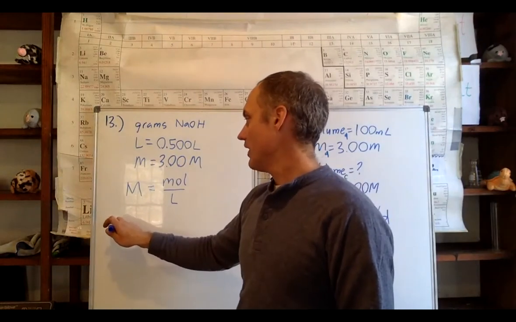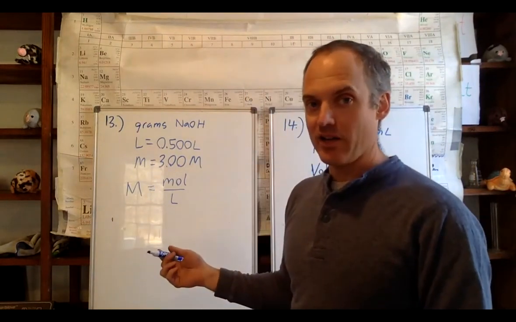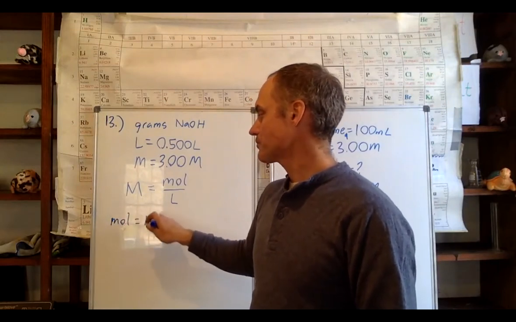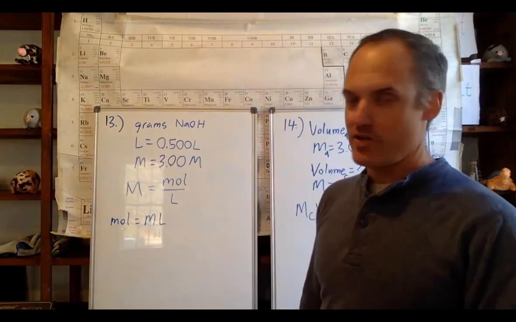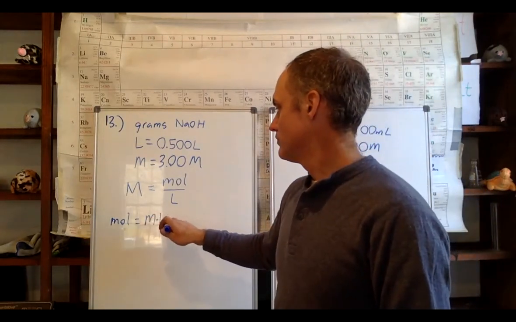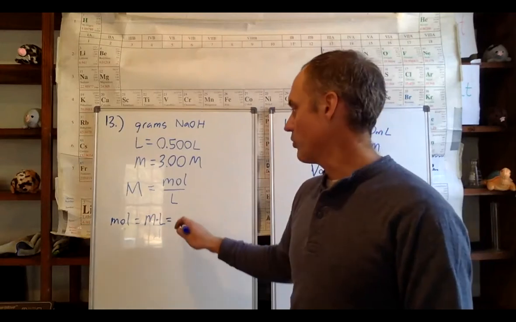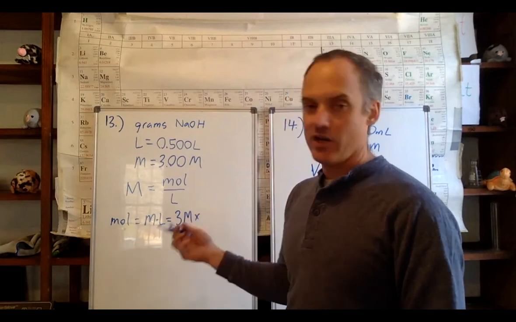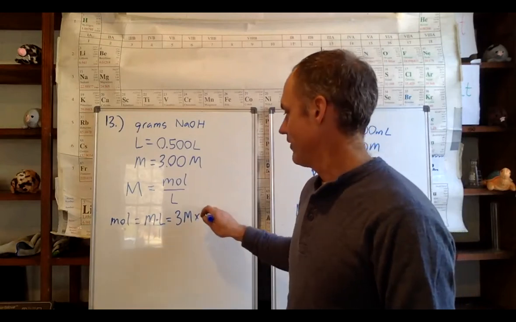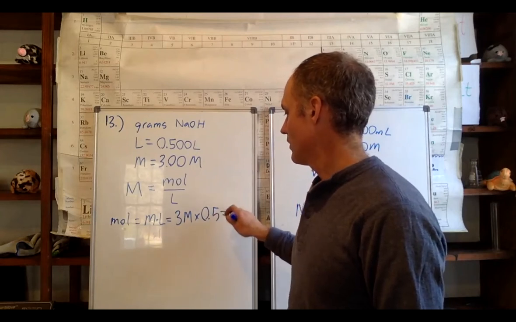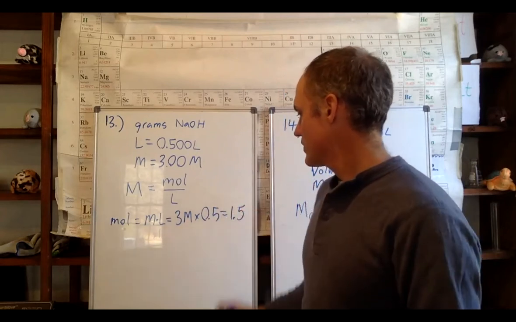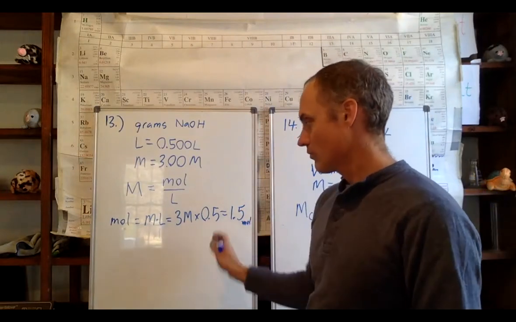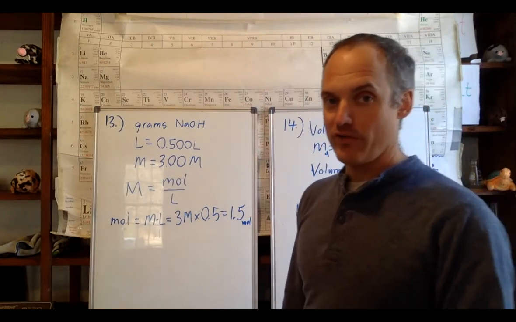If we multiply each side by liters, then moles would be equal to molarity times liters. So let's figure out what that is. Our molarity is 3, and our liters, like I said, is 0.5. So that's 1.5 moles. 0.5 times 3 is 1.5.